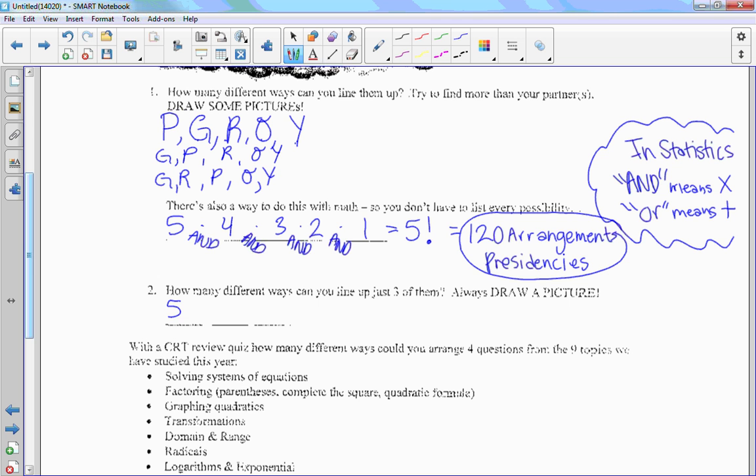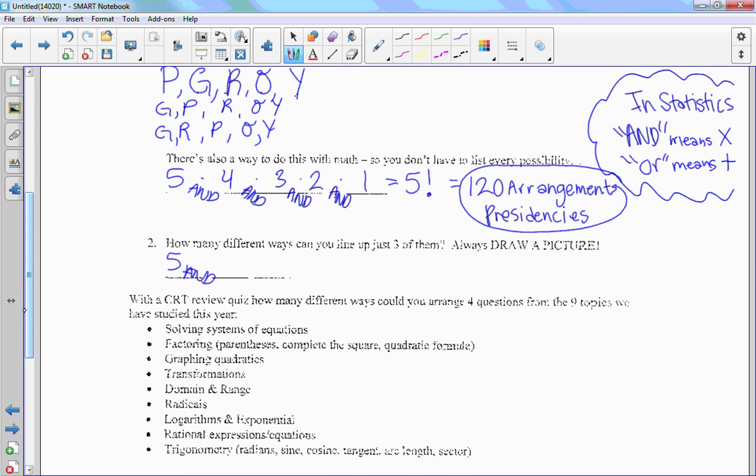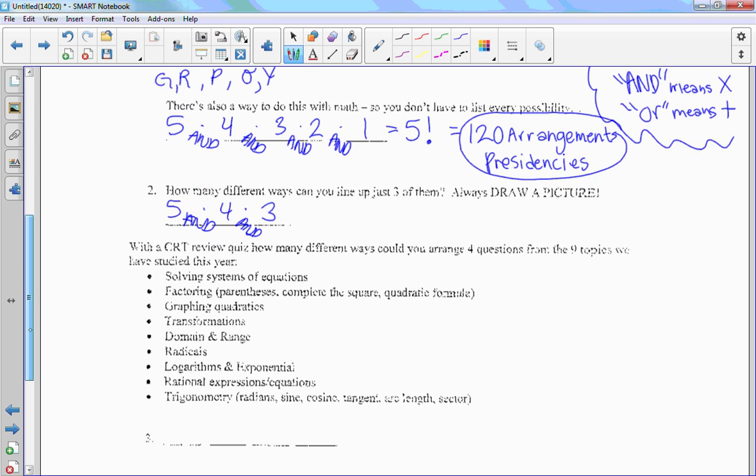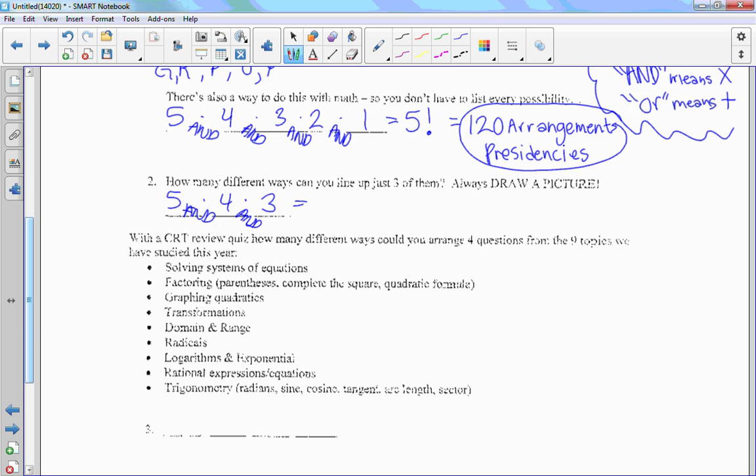And the vice president, how many choices of skittles do you have? 4. And then for the next one, Secretary of State, you have 3. So is this 5 factorial? No, 5 factorial goes all the way down to 1. So this is just 5 times 4, which is 20, times 3, which is how many arrangements? 60 arrangements.